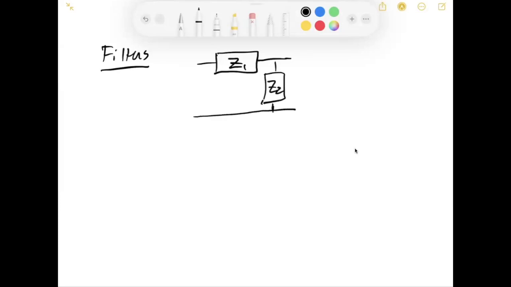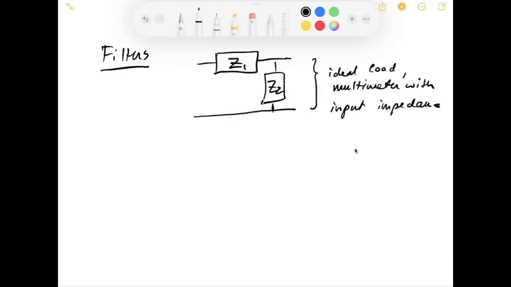And we assume that we have some kind of an ideal load here. So let's say a multimeter with input impedance much larger than all the other ones in the circuit.